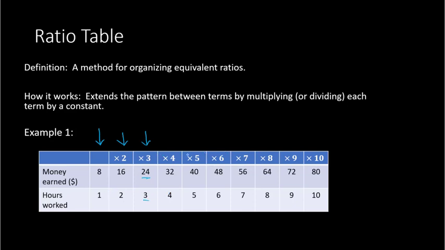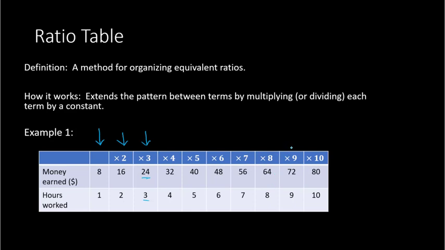And we see the pattern continues. We do 8 times 4 and 1 times 4, 8 times 5 and 1 times 5, 8 times 6, 1 times 6, and etc. So what this does for us is we can very quickly look at the table and determine the money earned for the number of hours worked, or vice versa. We could figure out how many hours you have to work to earn a certain amount of money.